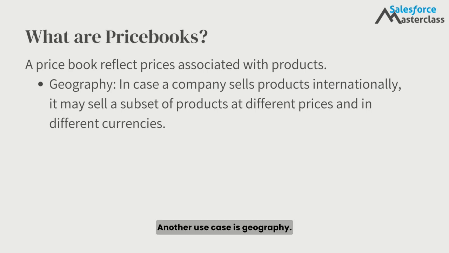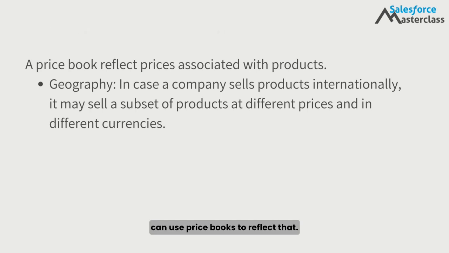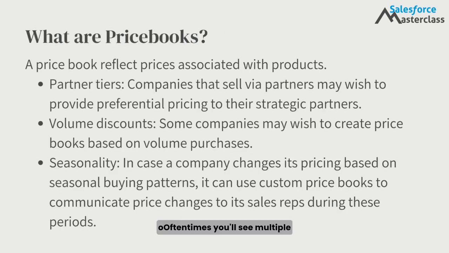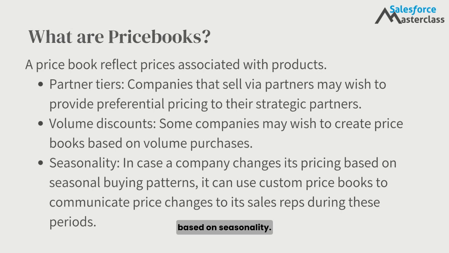Another use case is geography. If you sell some products internationally and you want to offer those at a different price or make them available in different currencies, you can use price books to reflect that. And oftentimes you'll see multiple price books used to track different types of discounting, whether it's for strategic partner discounting, volume based discounting, or even discounts based on seasonality.